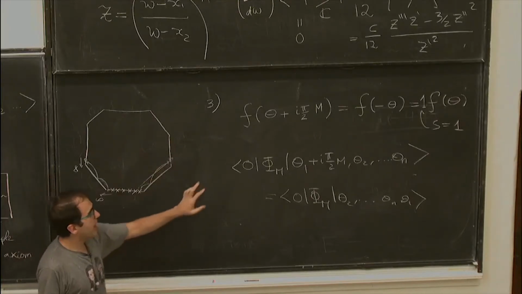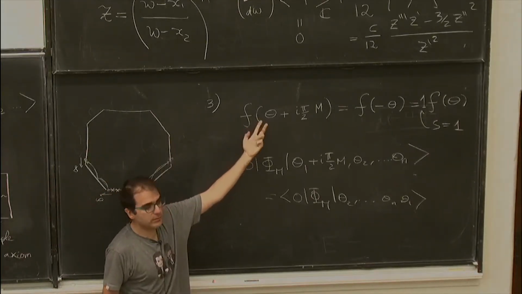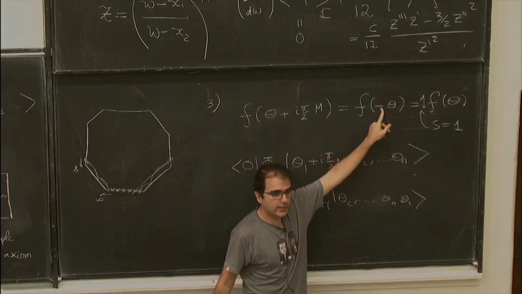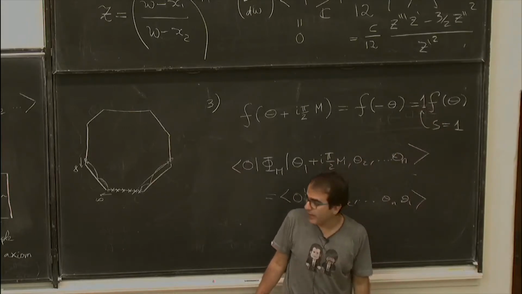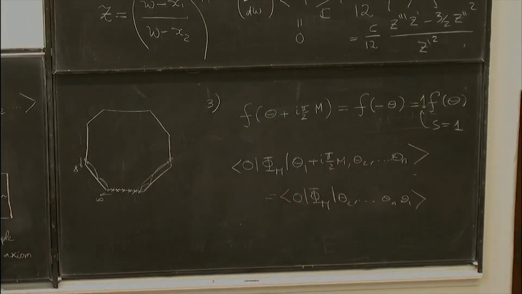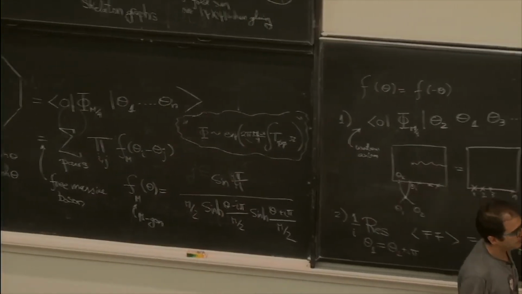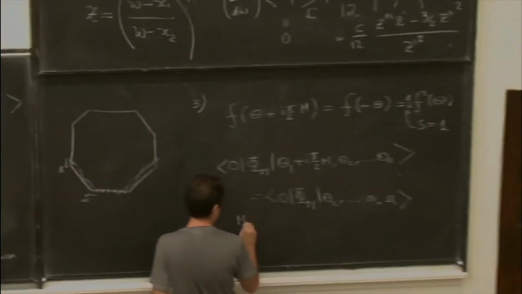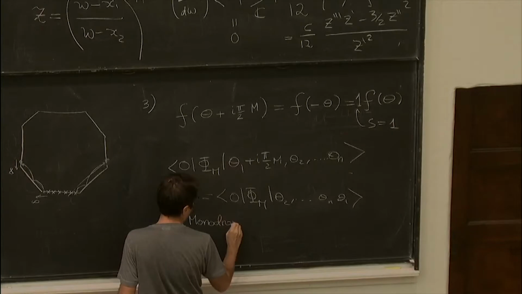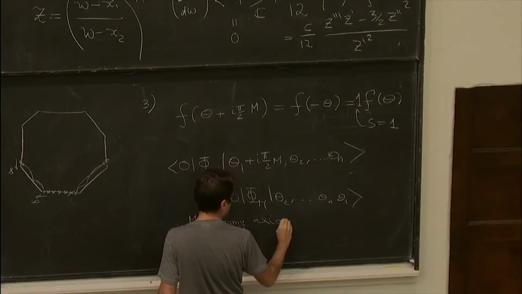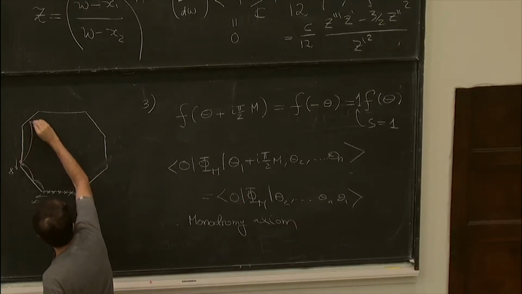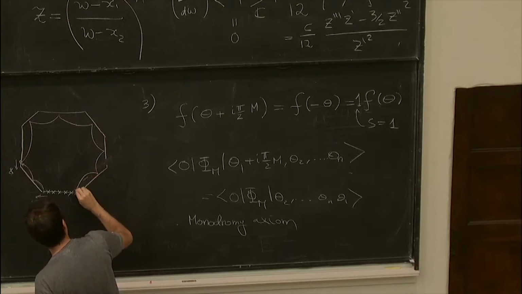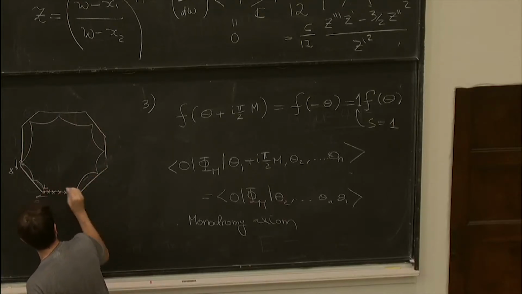If I apply it for two particles, I get that theta 1 minus theta 2 should become theta 2 minus theta 1, which is a flip of sign. And then because the theory is free, it is just the same as f of theta. And that's another nice equation that we can check works because of the periodicity of this fundamental building block. Okay? And this we would call the monogamy axiom. So the picture here would be, I take one particle, I move it around, and I get the same thing, but where the particle was on the left and it ends up on the right.